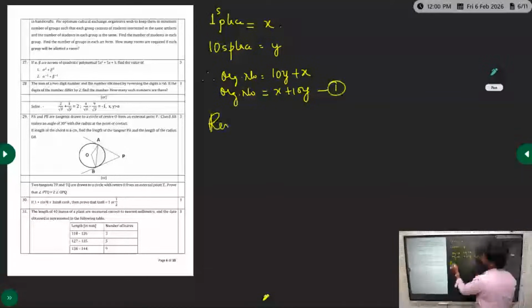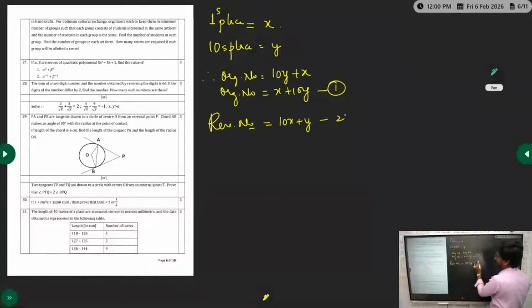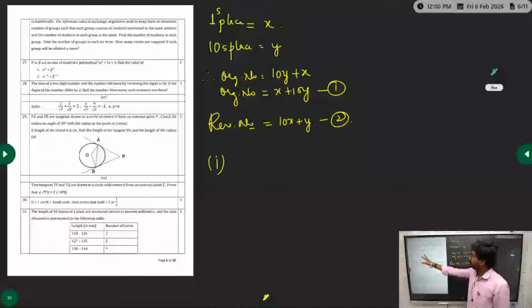Reverse of a number means the number which is in the unit place will now go to the tens place, and the number which is in the tens place will come to the units place. So it will be 10x plus y. Equation 2.